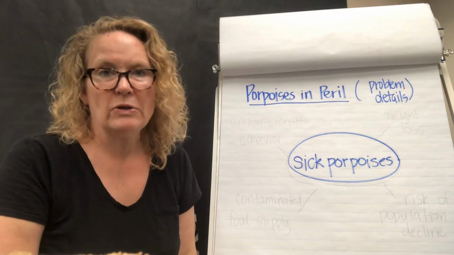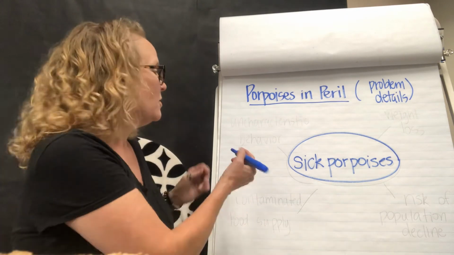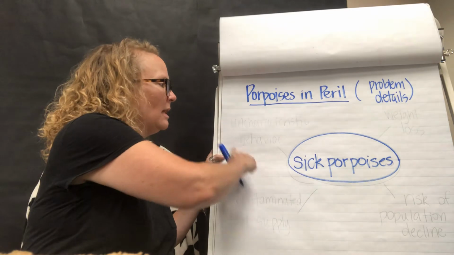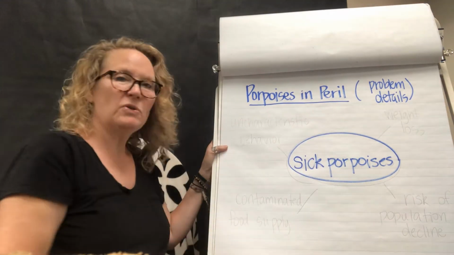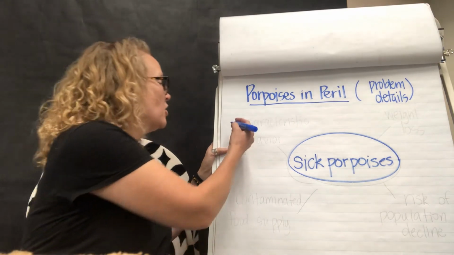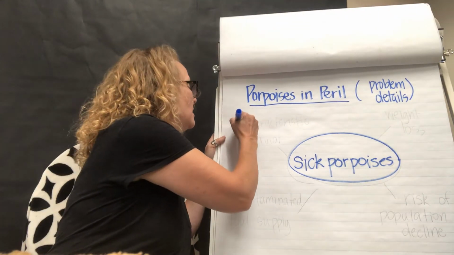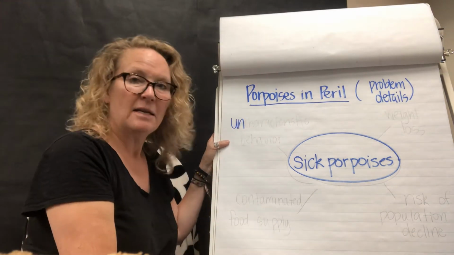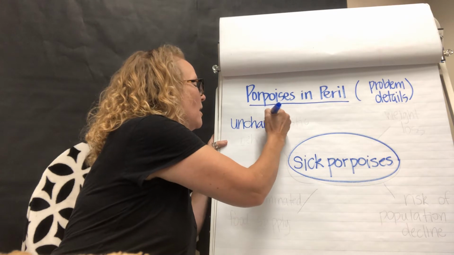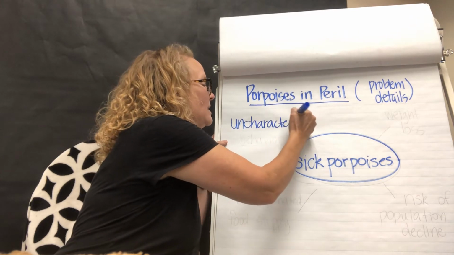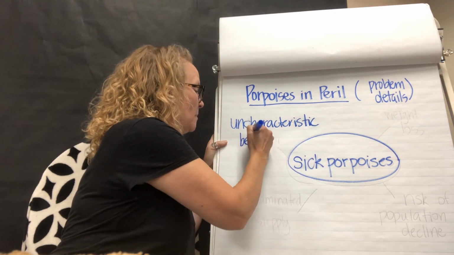Uncharacteristic is a long word that means unusual or not like normal. So in this upper left-hand corner, or really anywhere, write those words. You can copy them from my chart. Uncharacteristic, that has a prefix, doesn't it? Uncharacteristic means not characteristic. Uncharacteristic behavior.